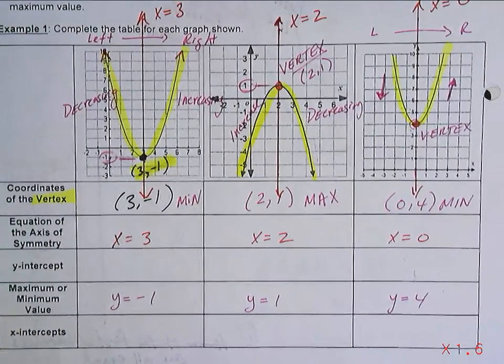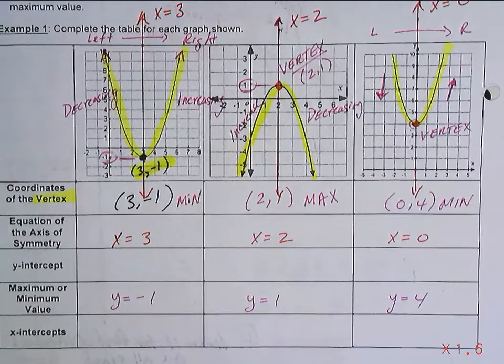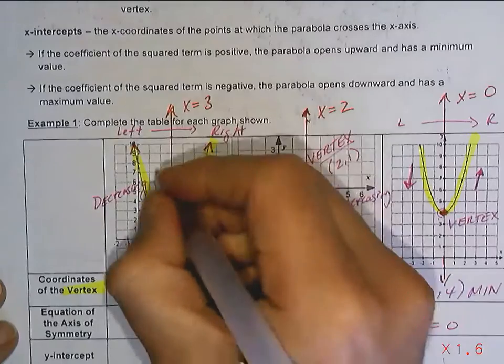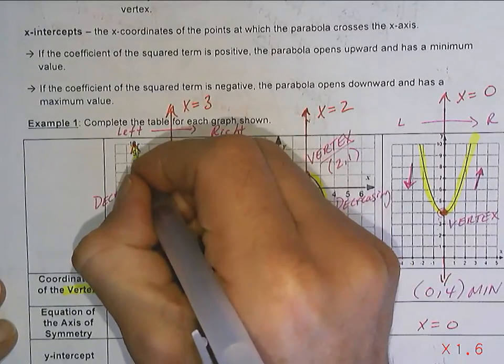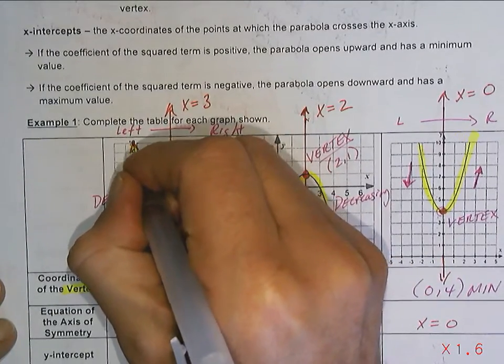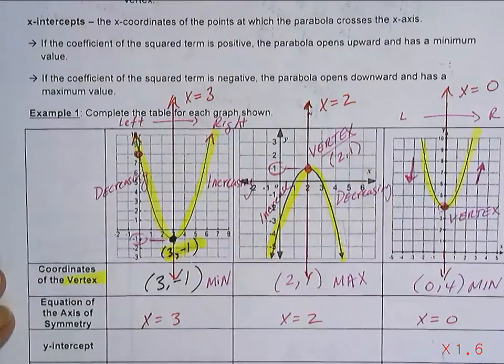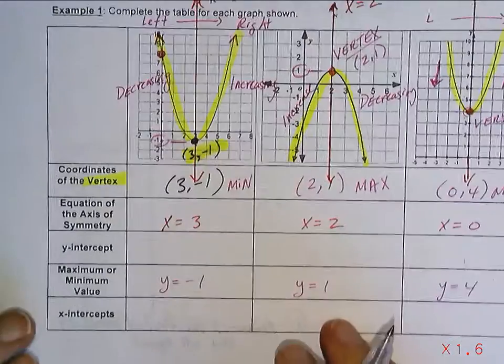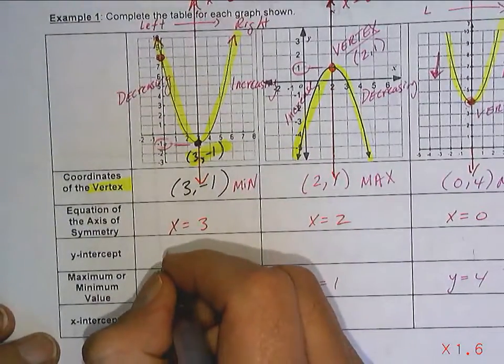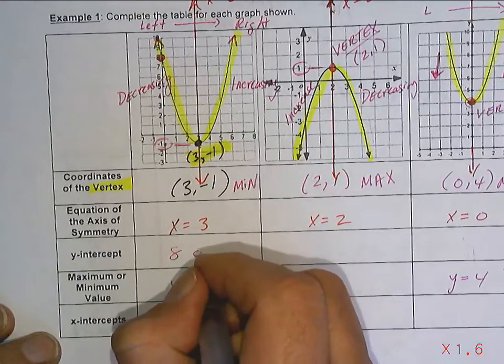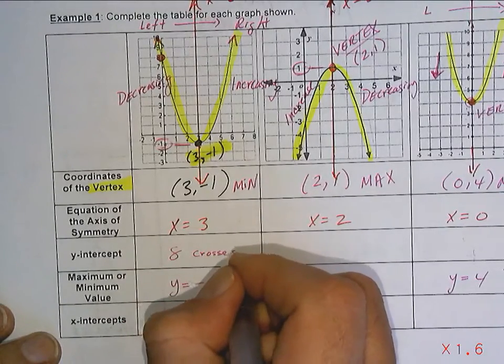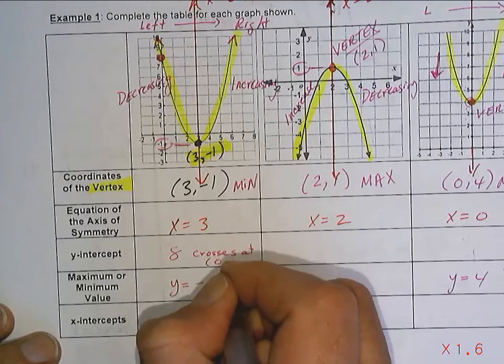What about the y-intercept? Where does each one cross the y-axis? Well, to do that, you sort of have to look at the equation or look at the graph. This seems to have a y-intercept right here. So that y-intercept is 8. It crosses at 0, 8.